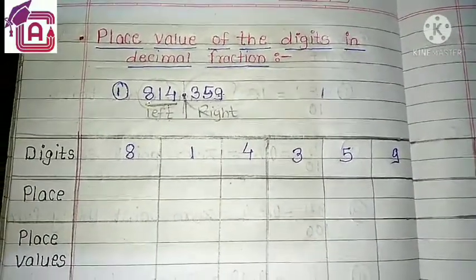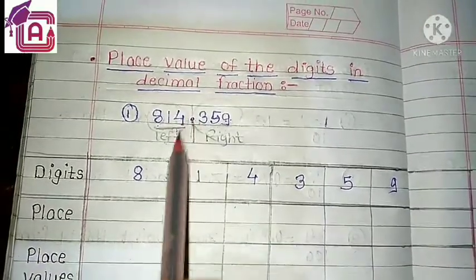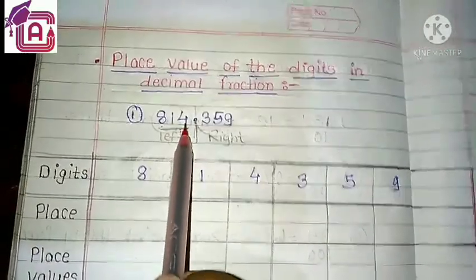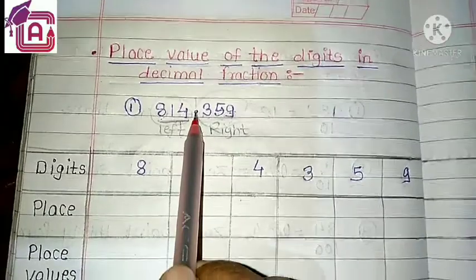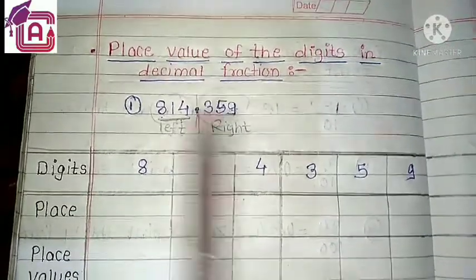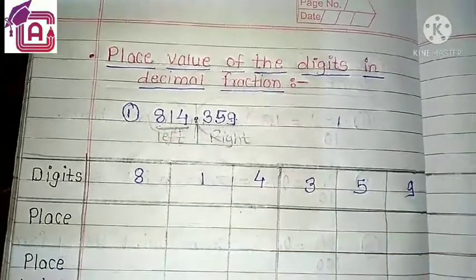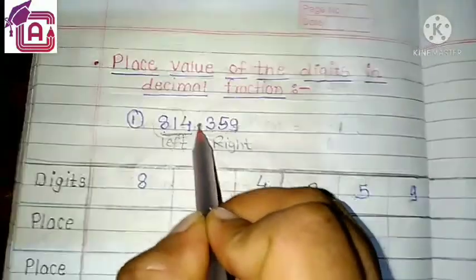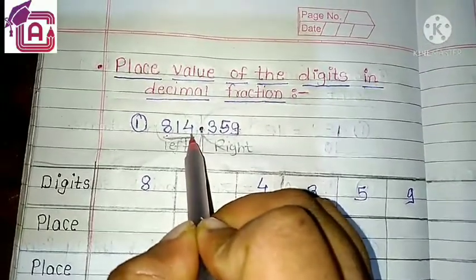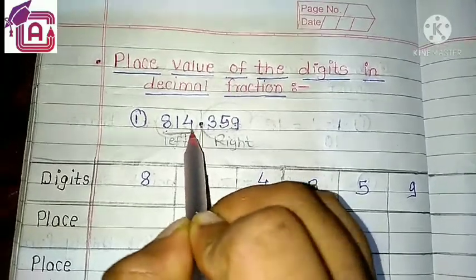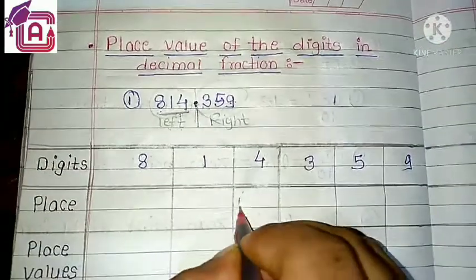Now look at the places. 8, 1 and 4: these digits are on the left side of the point. First number is 4, and which place is this?